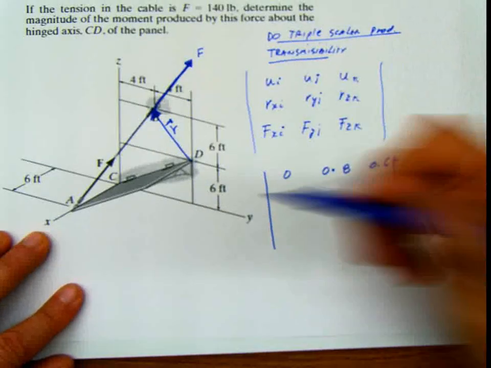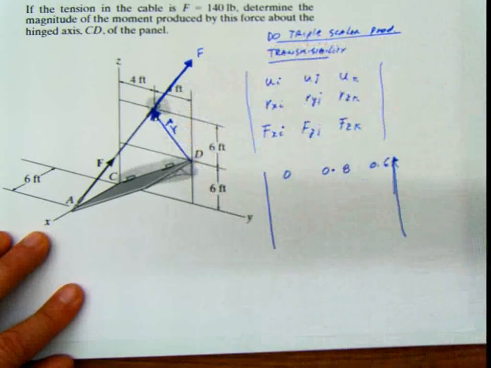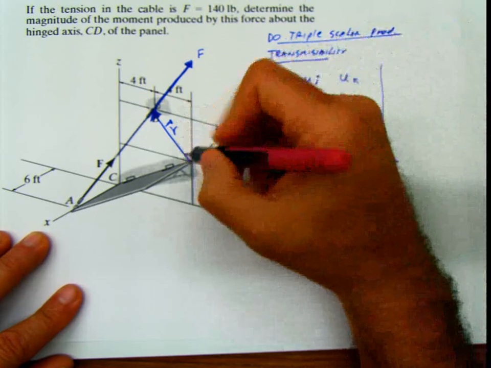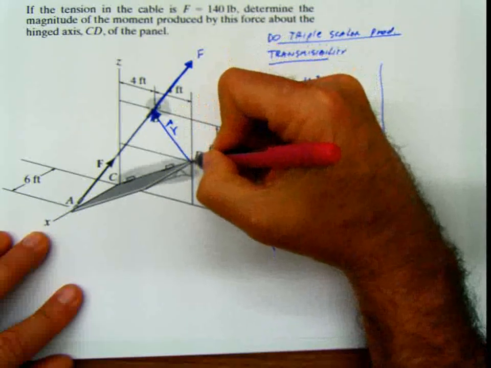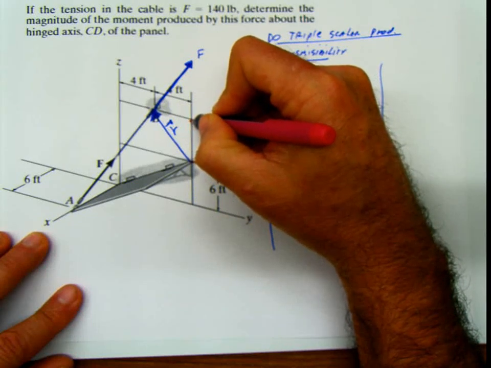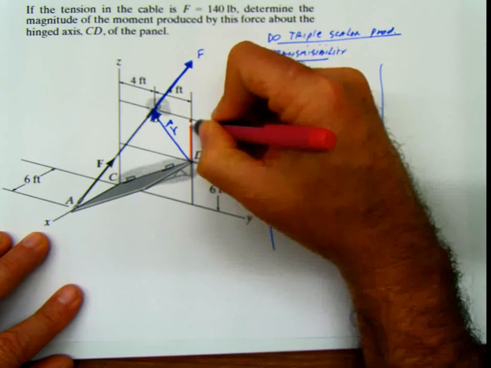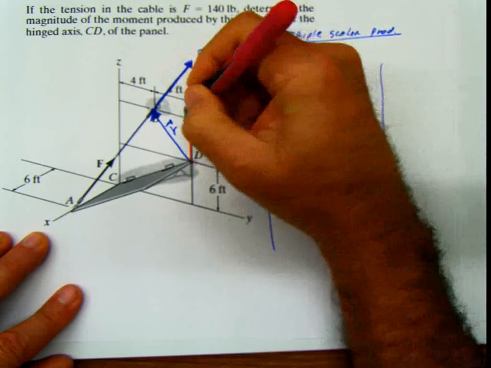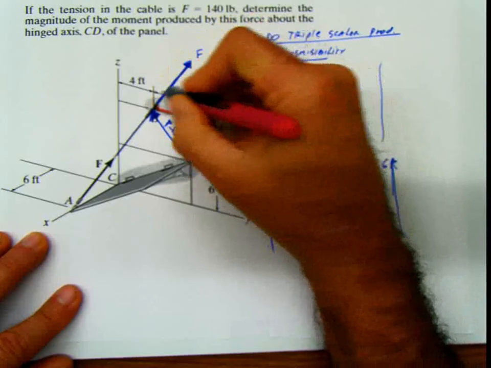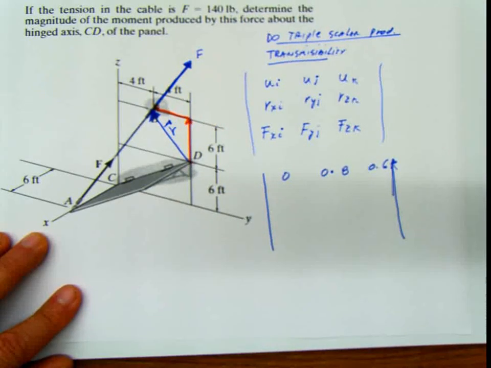Our R from here to here is basically composed of two components. One component is from here to here, and that's 6k, and the other one is from here to here, and that's -4 in j.